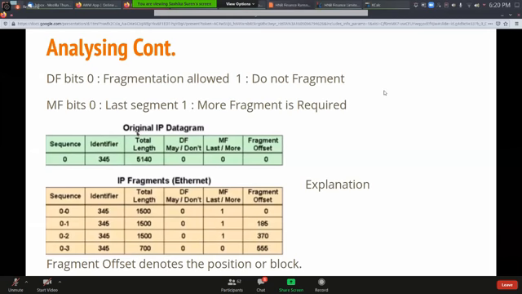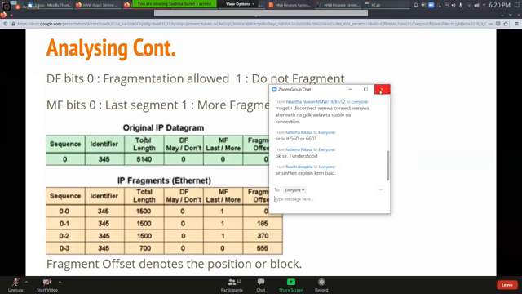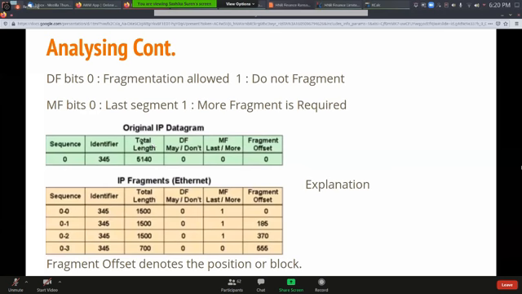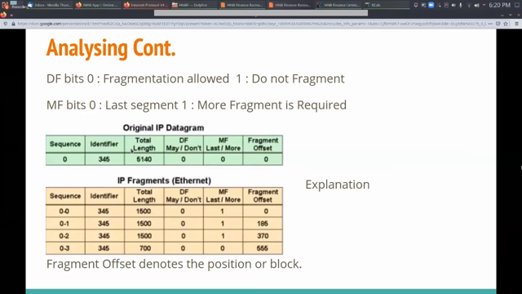This is your original IP datagram, containing a total length of 5,140 bytes. Just tell me, when you have 5,140 bytes, how are they going to fragment this particular data set?